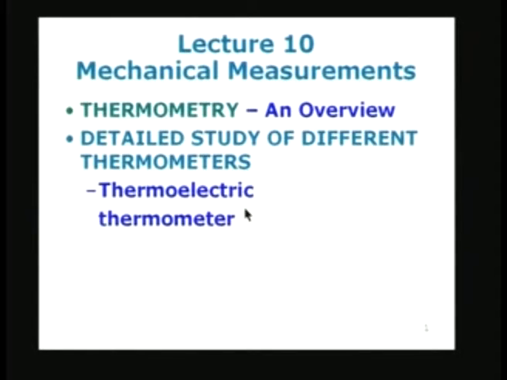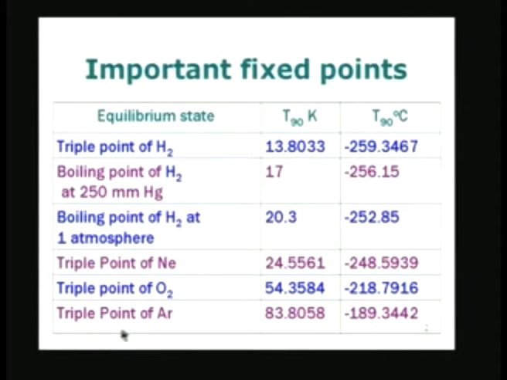thermocouples to measure temperature. To recall what we were doing in the last lecture, we were talking about several different thermometers being used to cover the entire range of temperatures, from the lowest, about 0.01 Kelvin, to the highest, about 100,000 Kelvin. We said that it is not possible to cover the entire range using a single thermometer, and therefore it is essential to have different thermometers.